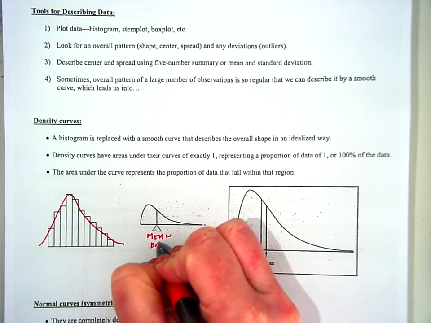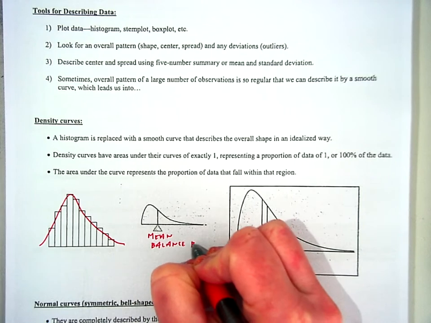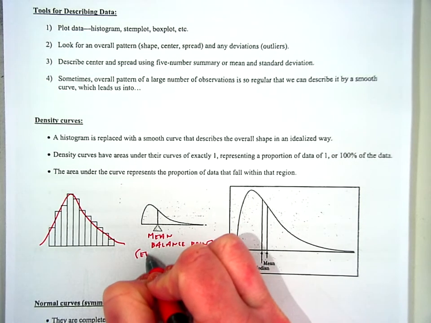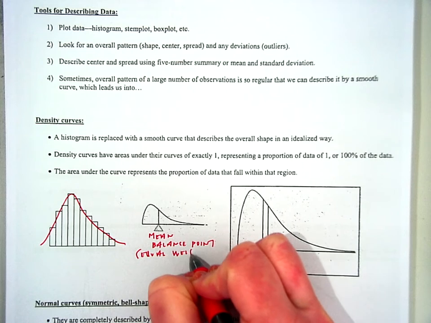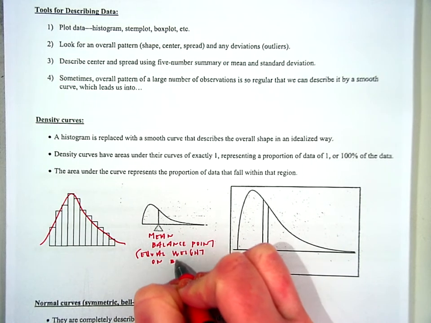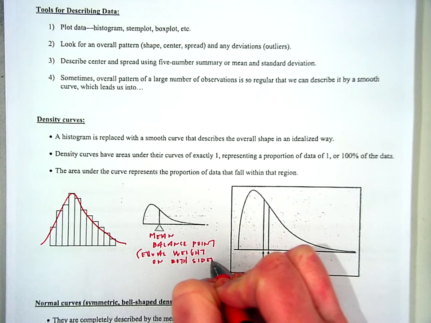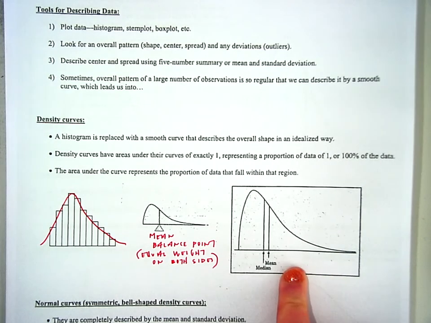And we've always thought of our mean as the balance point, because really we have an equal amount of weight on both sides. Okay, my visual here is just meant to remind you of what happens when we have skew.